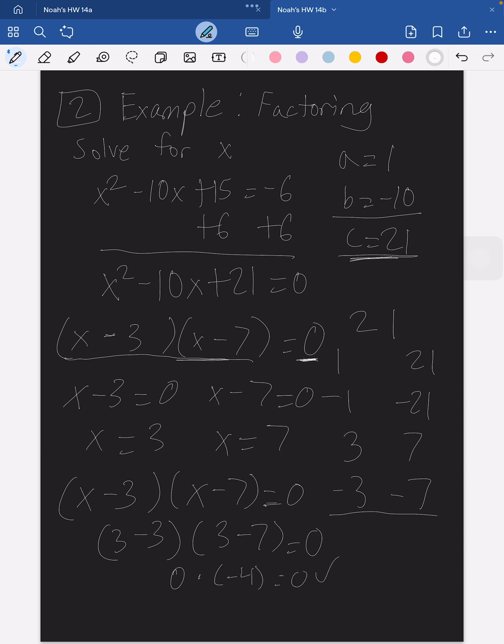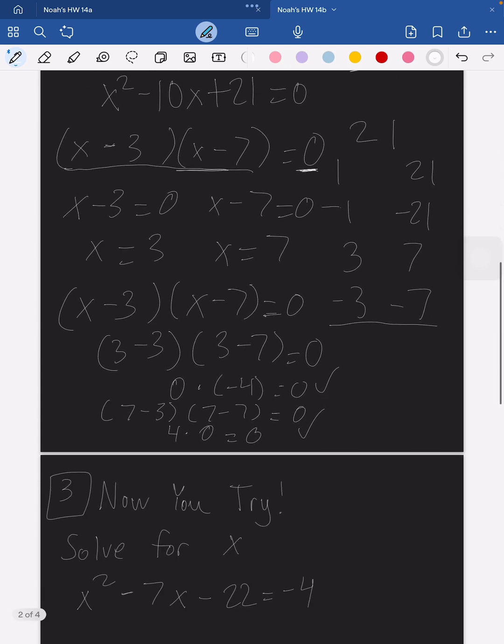So that'll be true. Now, plugging in our second value, 7, we get 7 minus 3 times 7 minus 7, and that'll just be 4 times 0, which is just 0. So this checks out. That's why we're able to separate them, because whatever factor you plug in, it'll result in a 0 regardless. 0 times something, whether it's 0 times negative 4 or 0 times 4. All right, let's go ahead and move on.